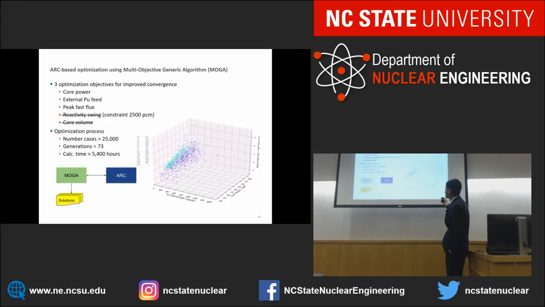At the beginning, you see a lot of dots in this area, but really this is the direction we're going to, because we're going to minimize the plutonium feed, minimize the core power, and maximize the peak fast flux. So you should be able to see some front. It's called the Pareto front, where you can pick your best performing designs.